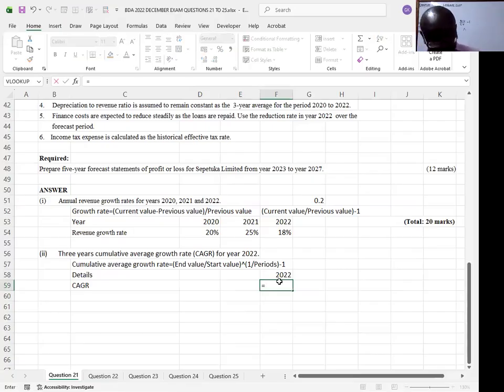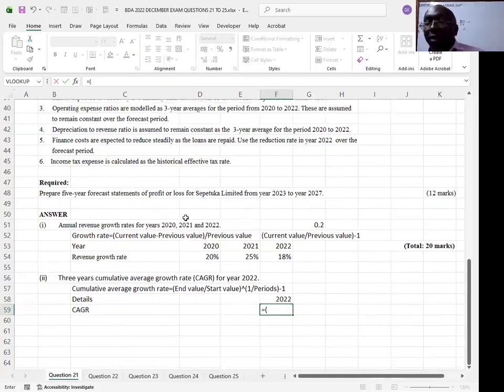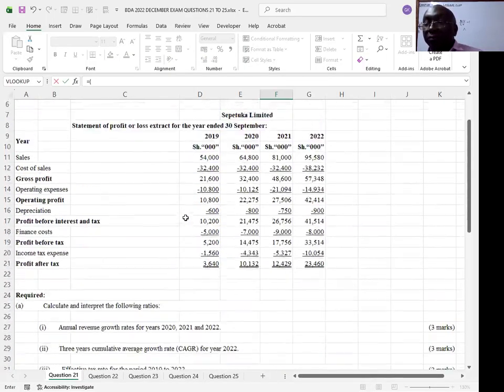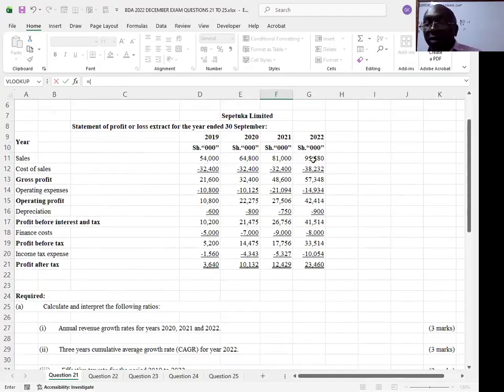We say equals, open the brackets. Go there to the year 2022. You click on this revenue. You divide by the very first, here 54. The very first.